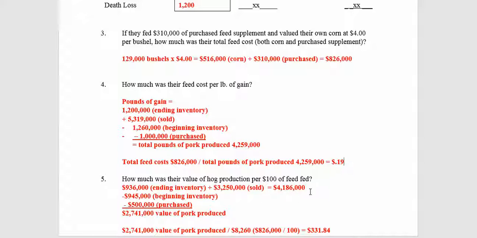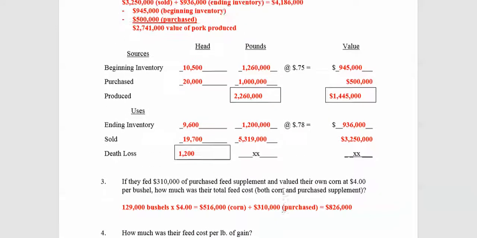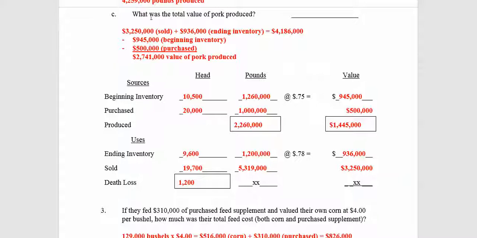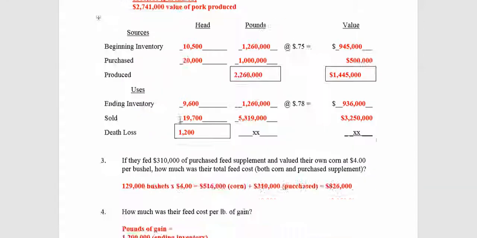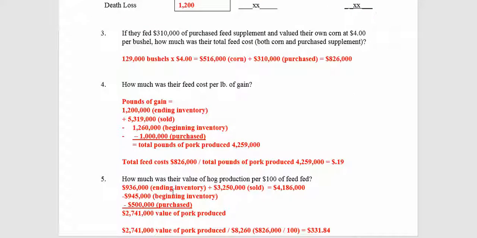Question 5 and our final question. How much was their value of hog production per $100 in feed? Well, the value of pork produced we found in letter C, but I did it again down here. Ending inventory plus what we sold minus our beginning inventory minus what we purchased equals $2,741,000 in pork produced. Now the question is, what's our value per $100 in feed?